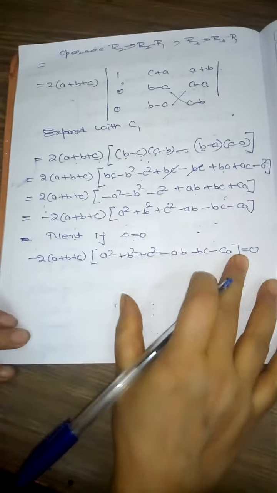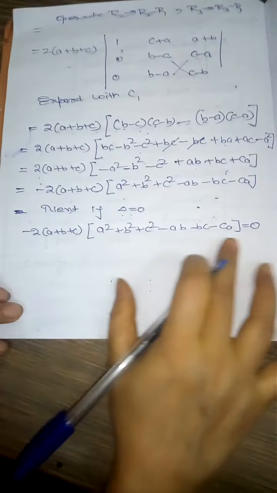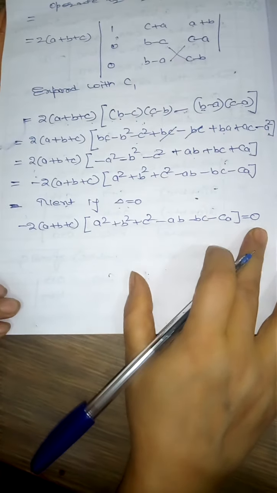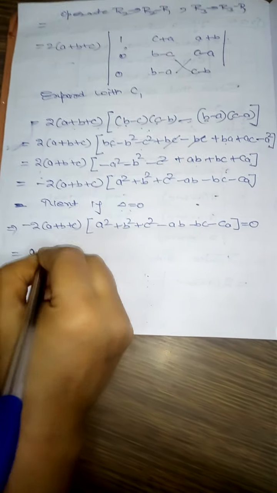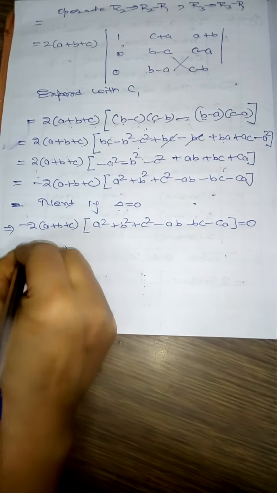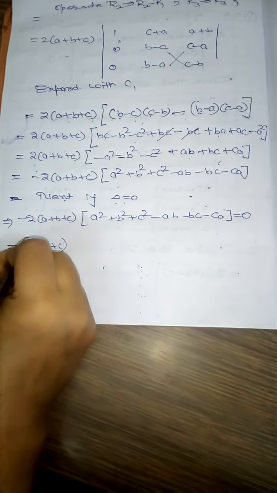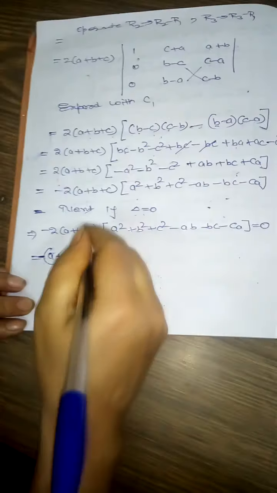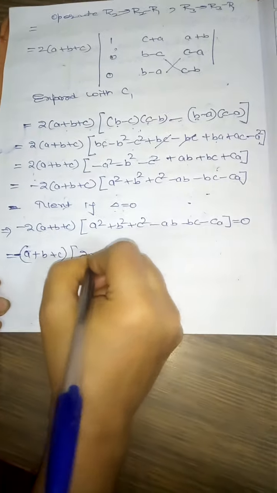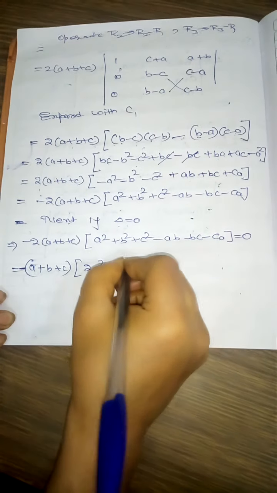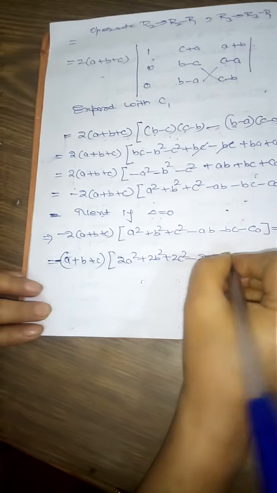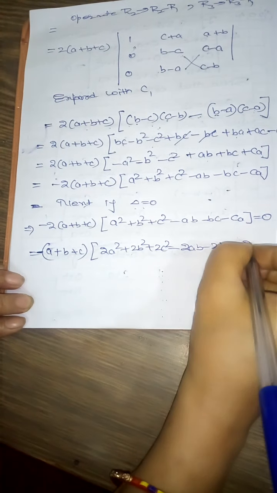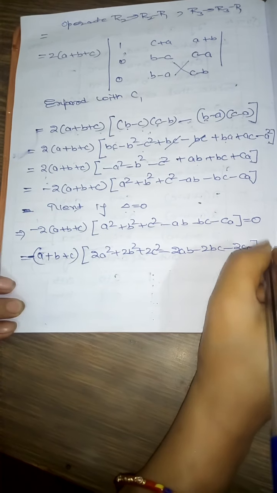This is given because the determinant equals 0, so we can write in this way. After that, A plus B plus C is here, minus is also here, multiplying 2 inside the bracket, 2A square plus 2B square plus 2C square minus 2AB minus 2BC minus 2CA equal to 0.